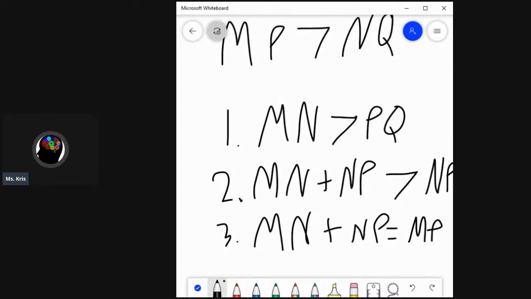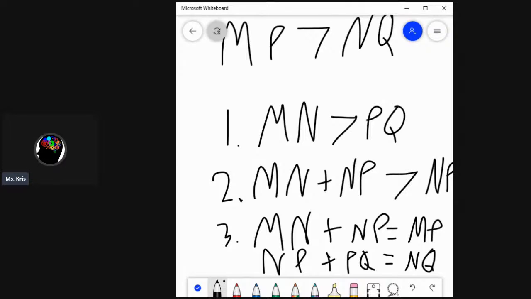Also, we can say NP plus PQ is NQ based on the segment addition postulate, which is what we had earlier.